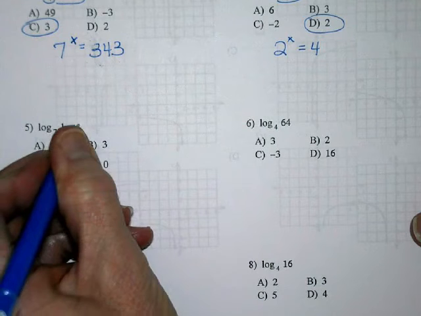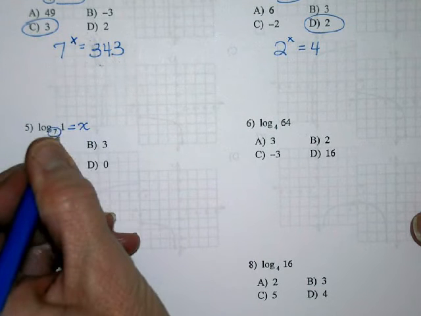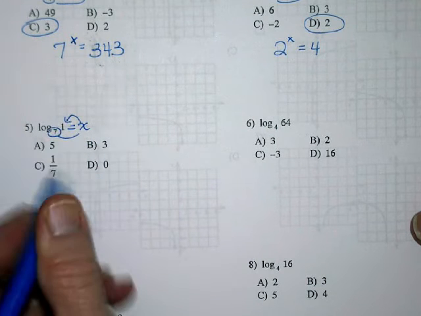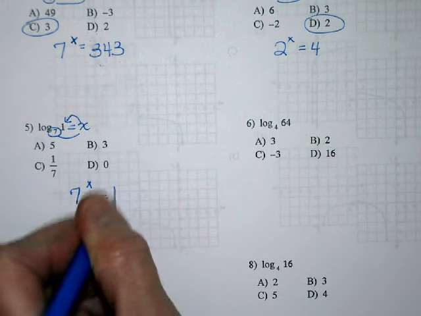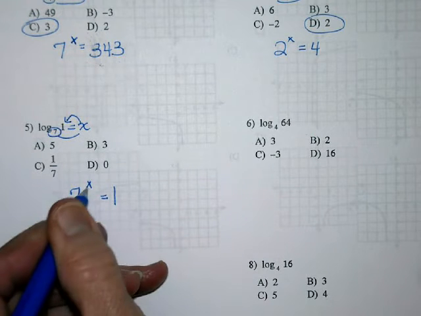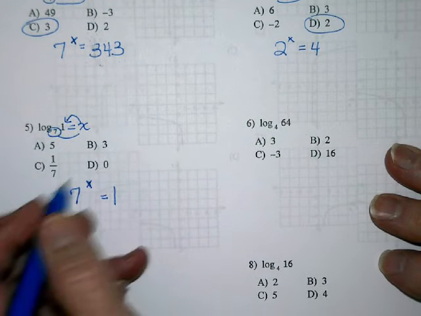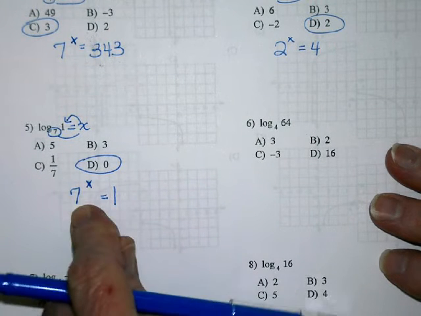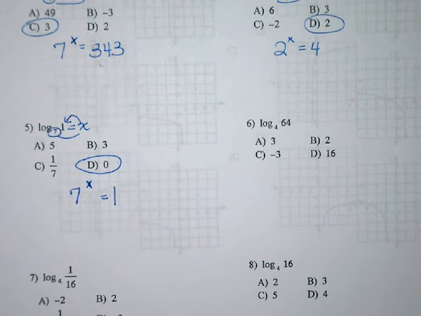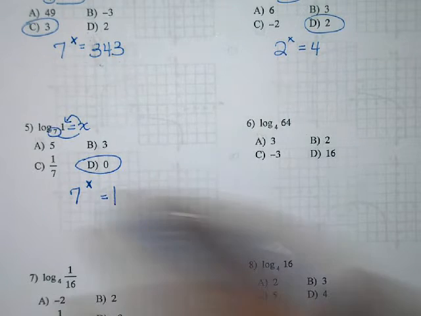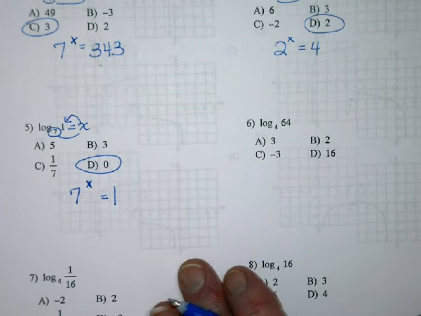You might not know this right away unless you remember our little rule about exponents. 7 to what power is 1? So you could test these, but remember any number to the 0 power gives you 1 as the result. Check that out. So that's a good, different one anyway.